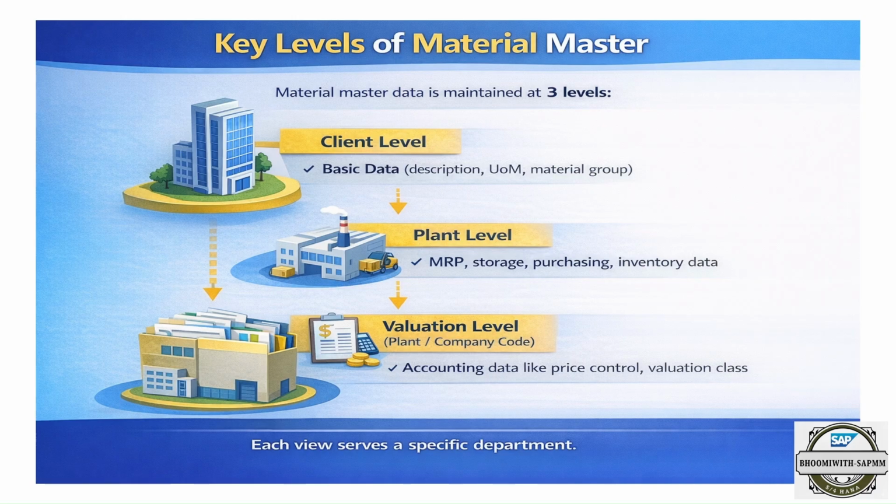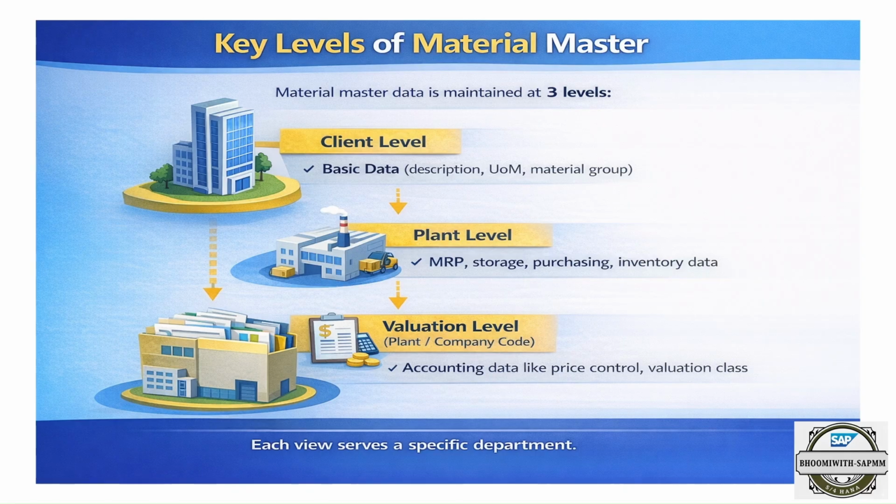Second is plant level. Here we maintain plant specific information like MRP, storage, purchasing, and inventory data. This data can vary from plant to plant. Third is valuation level, which can be either plant level or company code level, depending on system configuration.